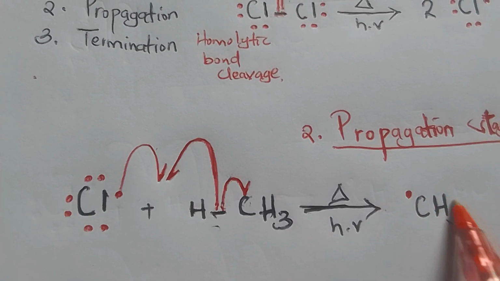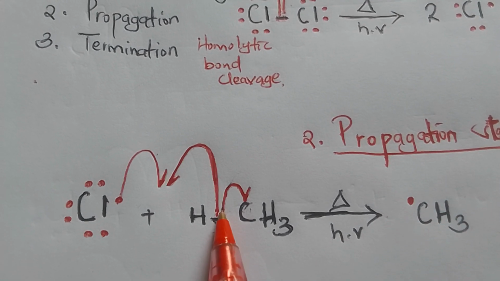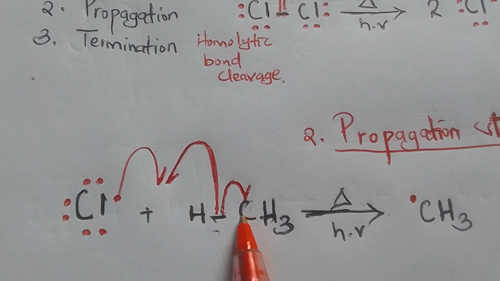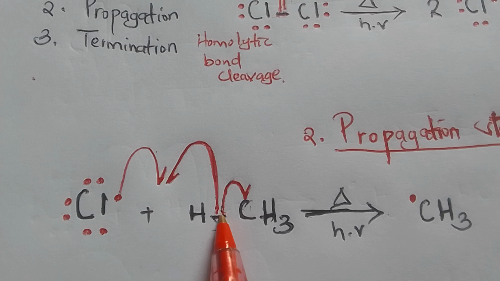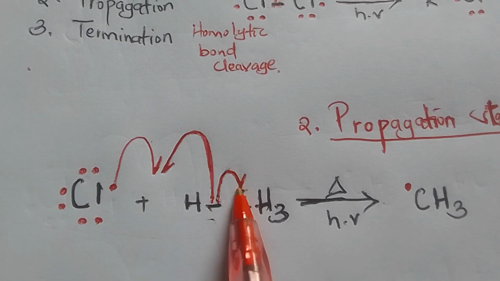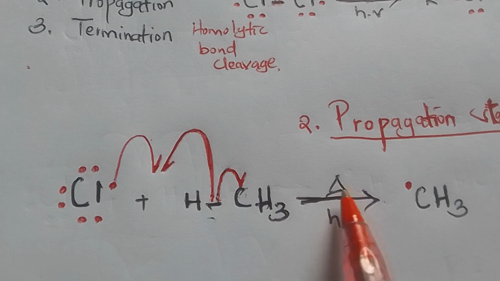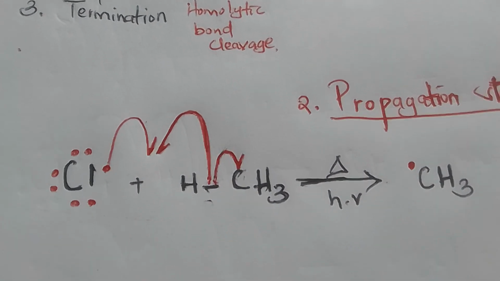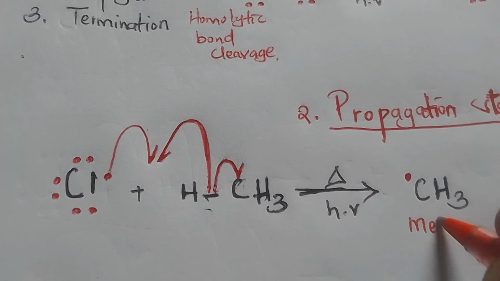How does the methyl radical form? It forms when one of these electrons moves to the carbon. So this bond is broken, it moves away, and the electron is now shown as unpaired on this carbon. So this is called a methyl radical.